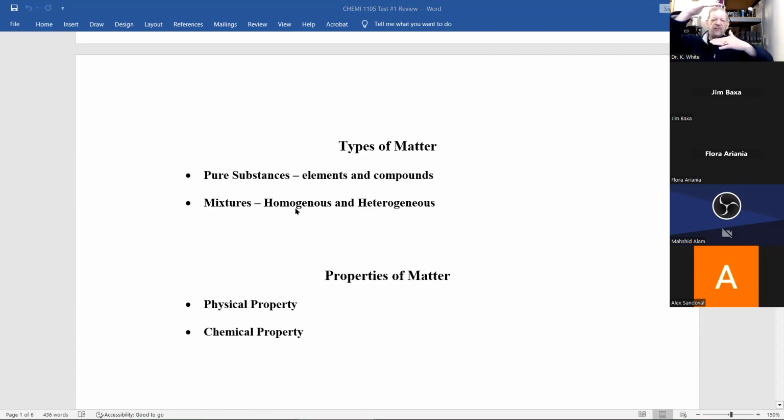Homogeneous, it's the same throughout. Heterogeneous, it's not. It's like 2 separate layers. An example of heterogeneous would be oil and vinaigrette salad dressing, because after you shake the bottle up and you put it down, it separates into 2 layers.